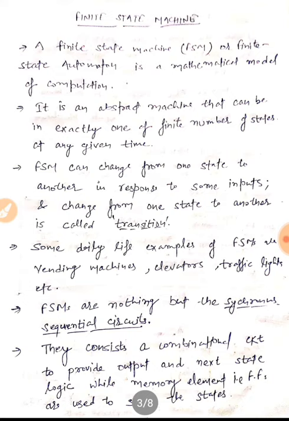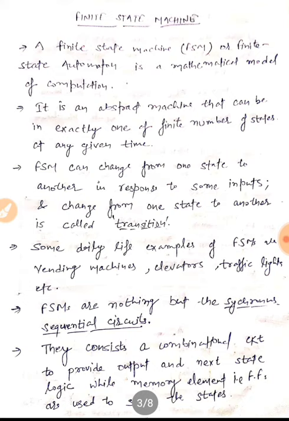So we will see how we can split a system into some finite states so that the system would remain in a state at a particular point of time. It can change its states according to the inputs given to it.